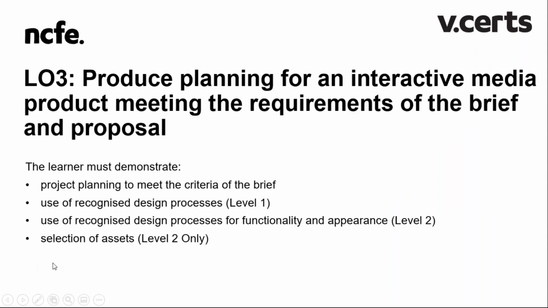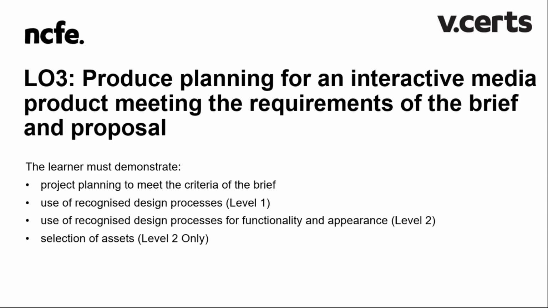So learning outcome 3 requires learners to proceed with the planning for their proposed product in learning outcome 2. So we can see here the assessment points are project planning to meet the criteria of the brief. That's the given brief from the assessor to the learner. Use of recognised design processes for functionality and appearance, so it's slightly higher demand there for level 2.